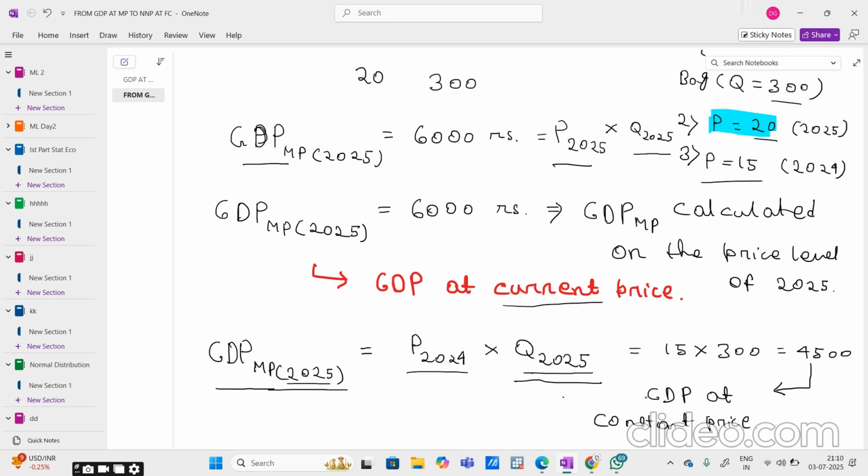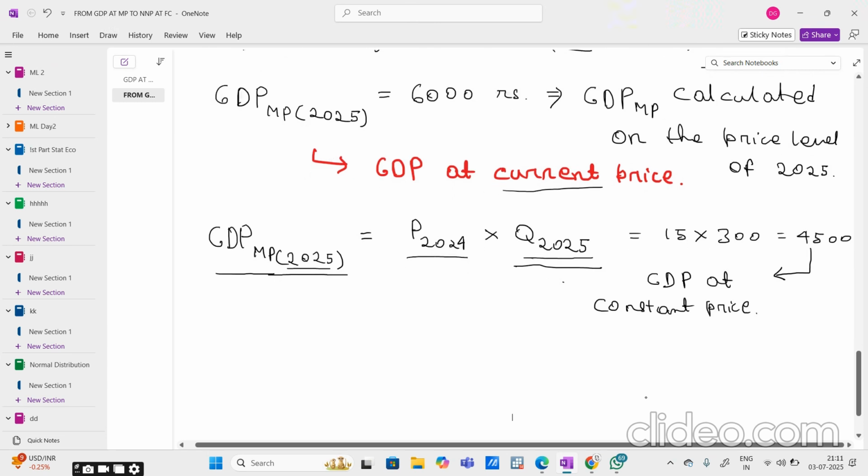That's why it is called GDP at constant price. So whenever we are considering any previous year, or any other year except the current year, it is known as GDP at constant price.